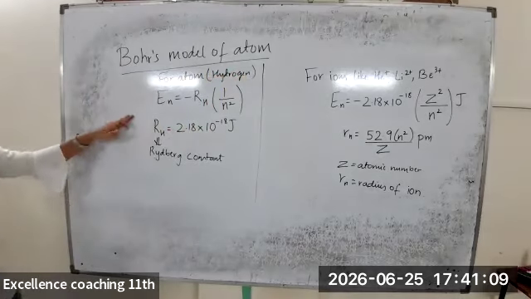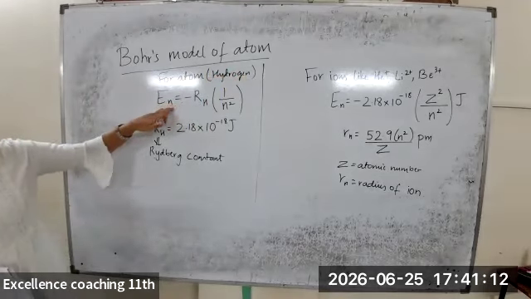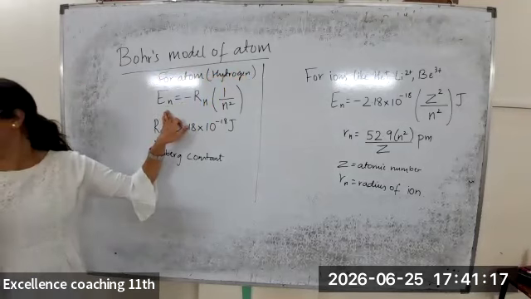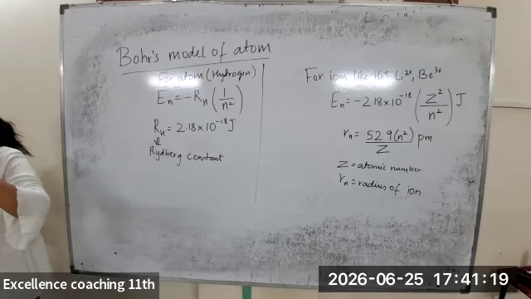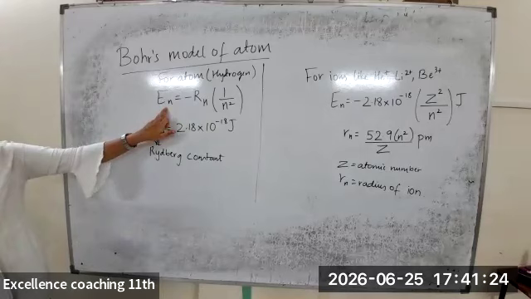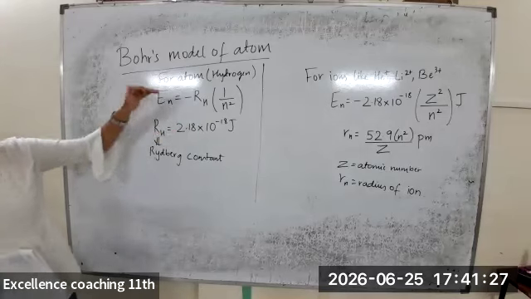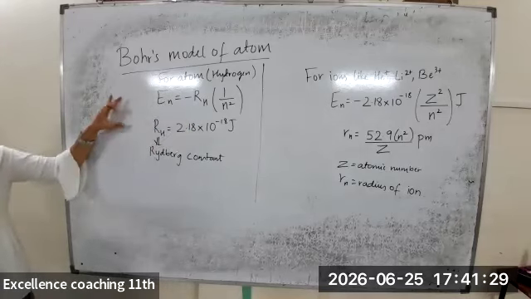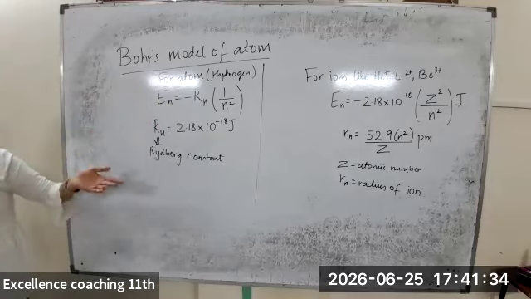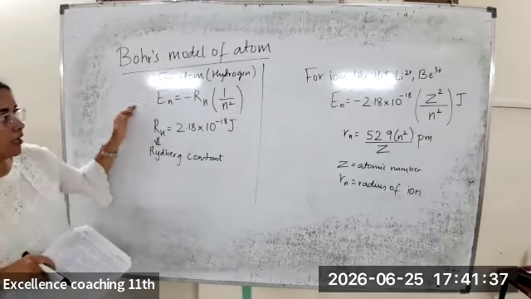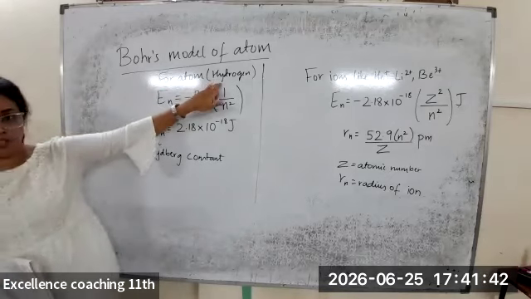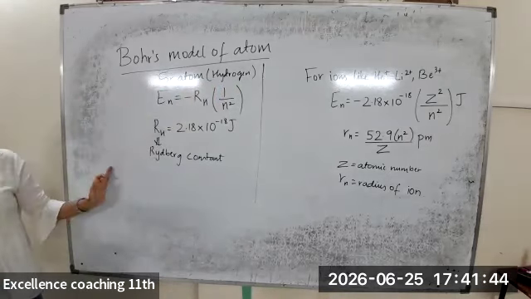Okay, so if you consider hydrogen, there are different shells, right? Hydrogen will have just one shell, because it will be 1s1. So n will be 1. So this particular formula is for the hydrogen atom. Further on, when we solve problems, you will have a better picture of these formulas. But when I speak about the atom, specifically hydrogen, I will use this formula to solve my problems.